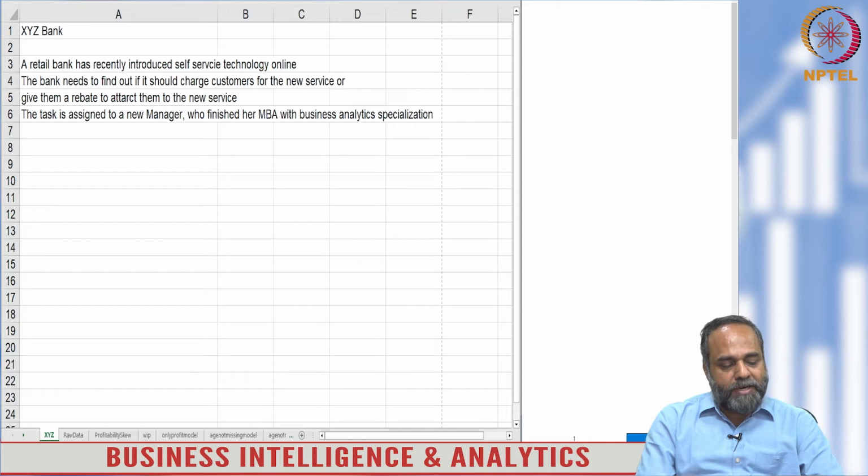Since the new manager is really good at working with data and solving problems, the middle level management of the bank decides to ask the new manager to use some sort of analytical approach to this problem and see which decision is better, which leads to better outcomes.